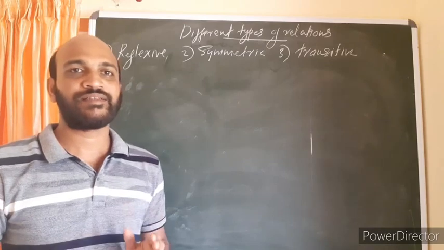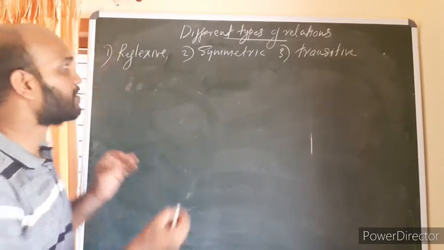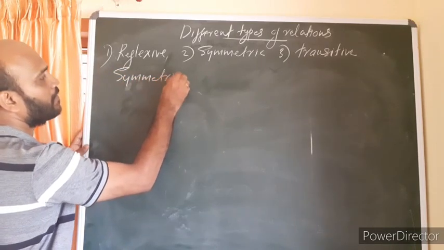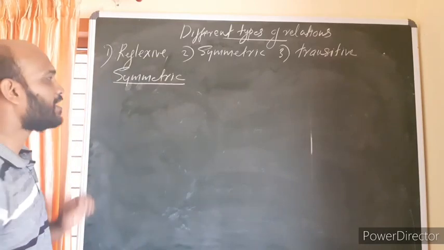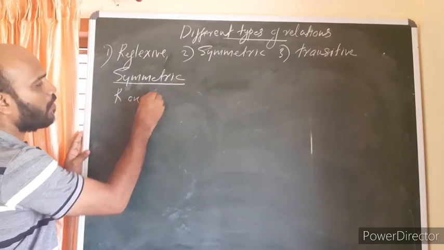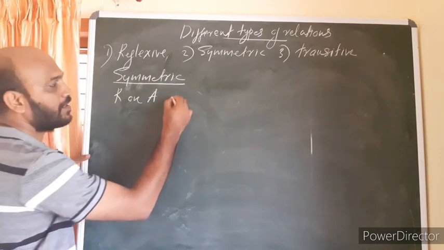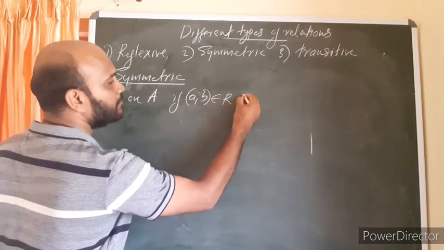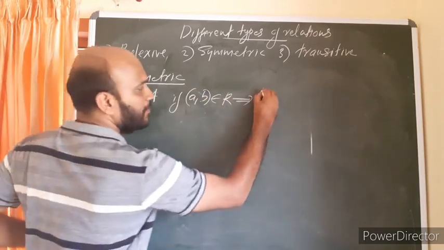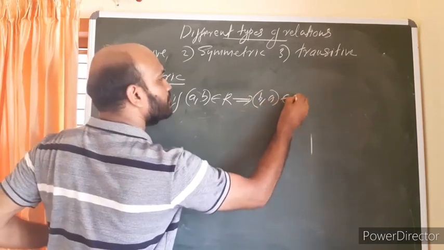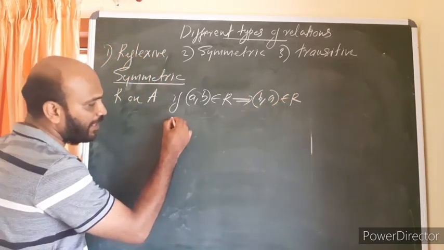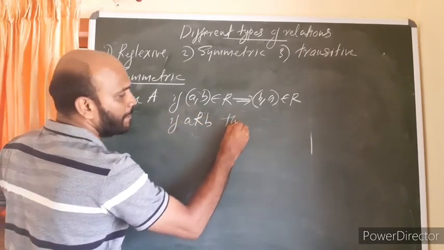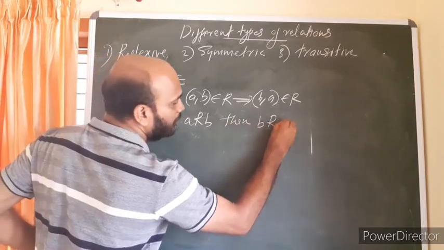Now we will study the second relation, that is symmetric. Definition: a relation R on A is said to be symmetric if (a, b) belongs to R implies (b, a) belongs to R. That means if a is related to b, then b should be related to a.